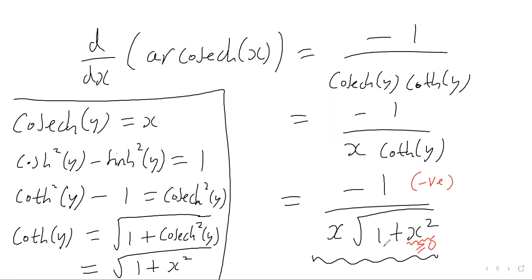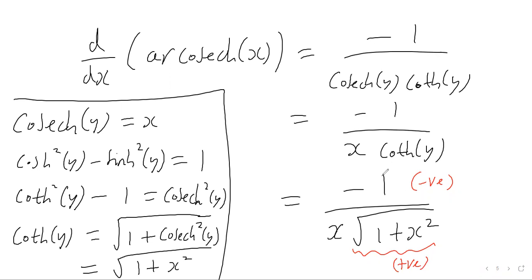Then we're adding 1, so you're adding 1 to a number at least as big as 0. Everything inside that square root is going to be bigger than 0. So the square root is going to be bigger than 0, so that is all positive.